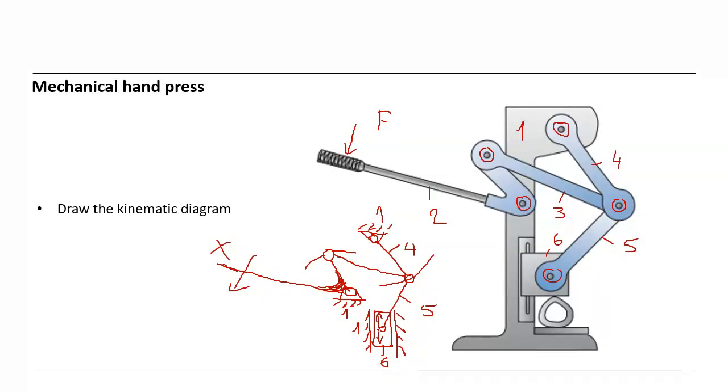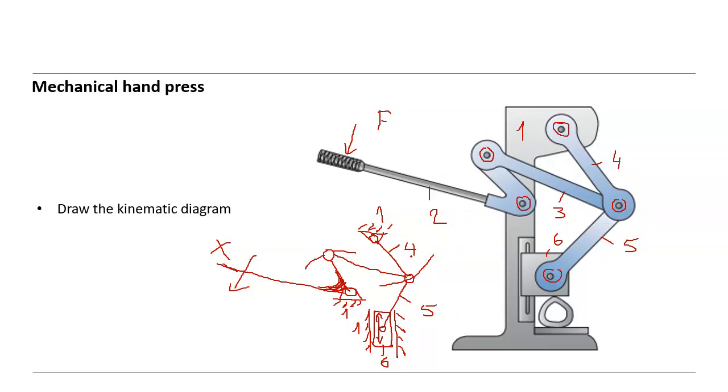So this is the coupler in between, connecting this part and this part. Those are part 5. So we fulfill the number of the elements.